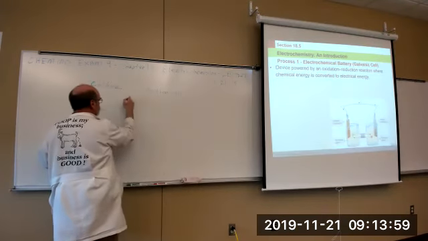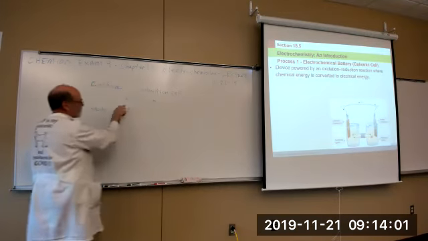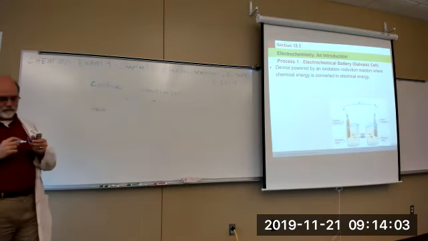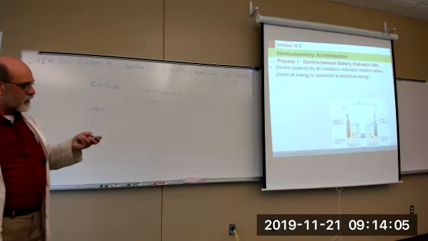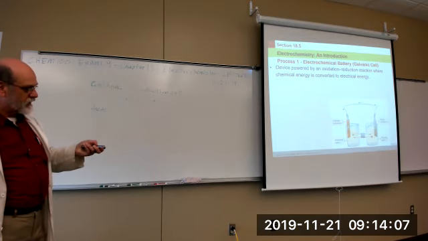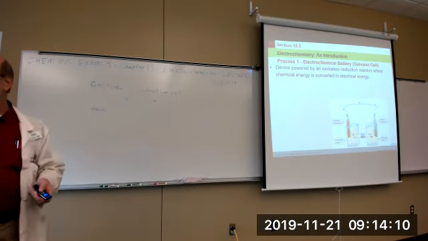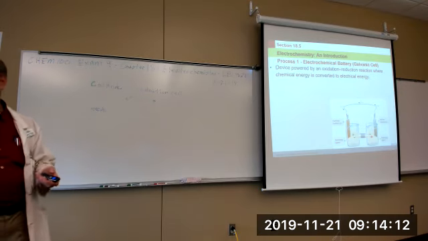That means the electrons are going to be on this side, the reactant side. So as we add electrons to this side, they are taking that manganese 7 plus down to manganese 2 plus.